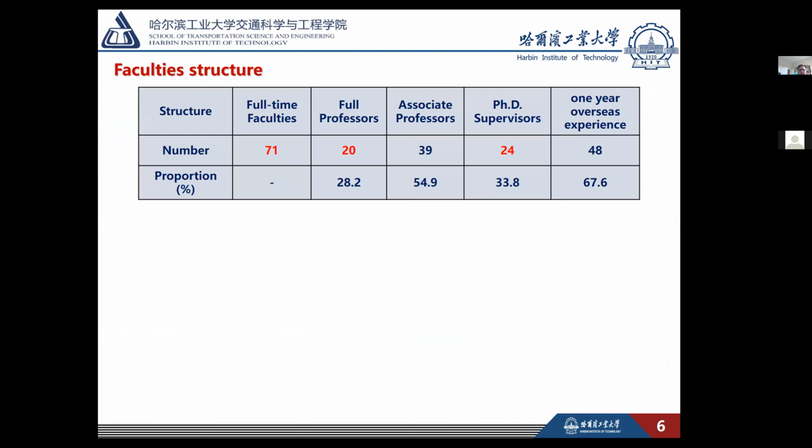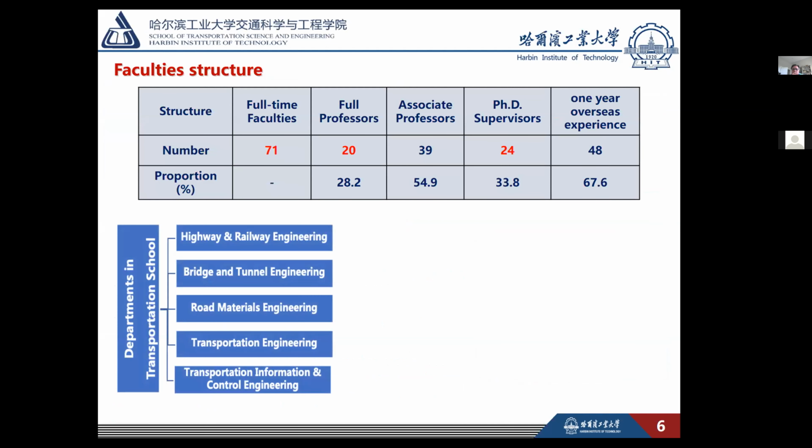As for the School of Transportation Science and Engineering, where I'm employed, there are 71 faculties in total. Among them, there are 20 full professors and 24 PhD supervisors. There are 5 departments in our school: highway and railway engineering, bridge and tunnel engineering, road material engineering, transportation engineering, and transportation information and control engineering.